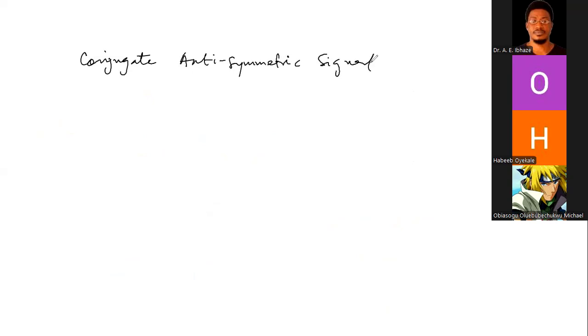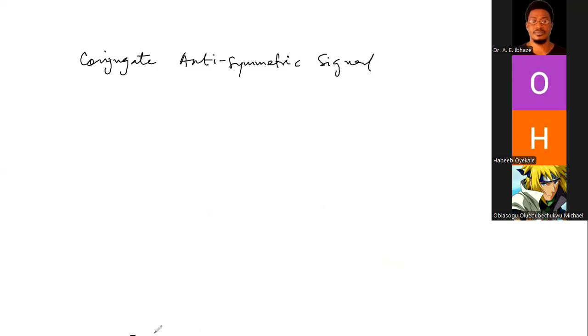Now, for the conjugate anti-symmetric signal, what we are trying to do here is that we not only perform time reversal, we're also going to perform what we call amplitude reversal. So once we perform all of those operations and we are able to come up with the same signal, then I think we are good to go.